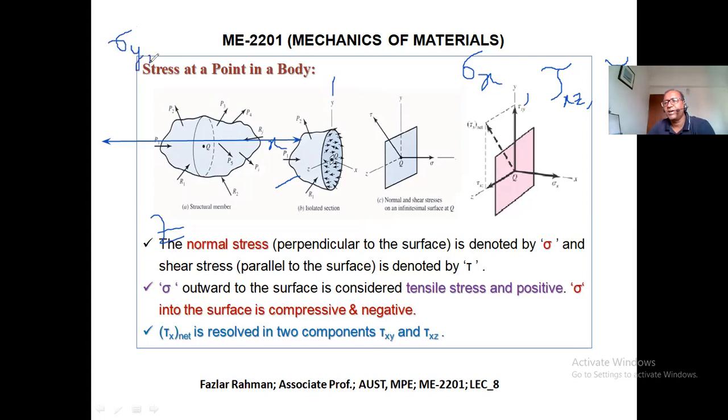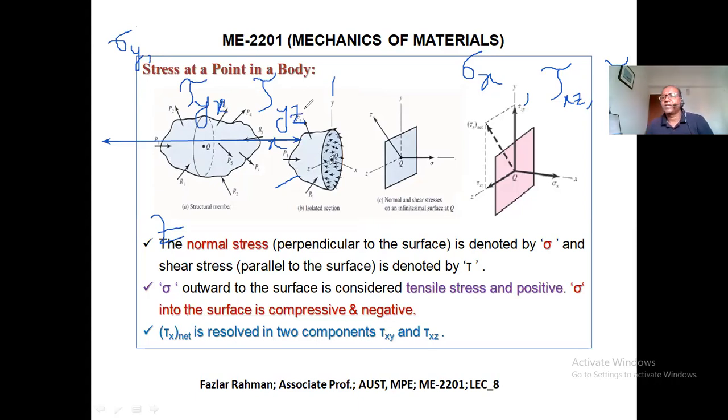Now, what will the taus be? You just put two taus, one tau, comma, other tau. Both taus you put y first, because these taus are related to this sigma y. Then what are the other two axes besides y? X and z. So one will be tau yx, the other will be tau yz.